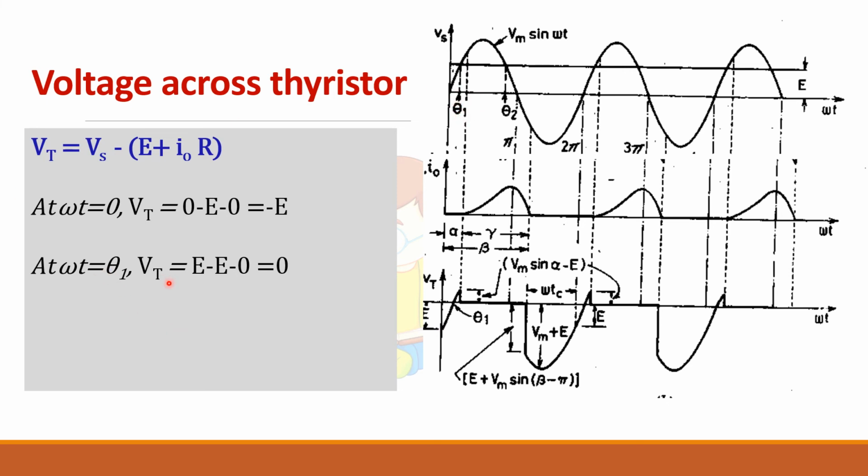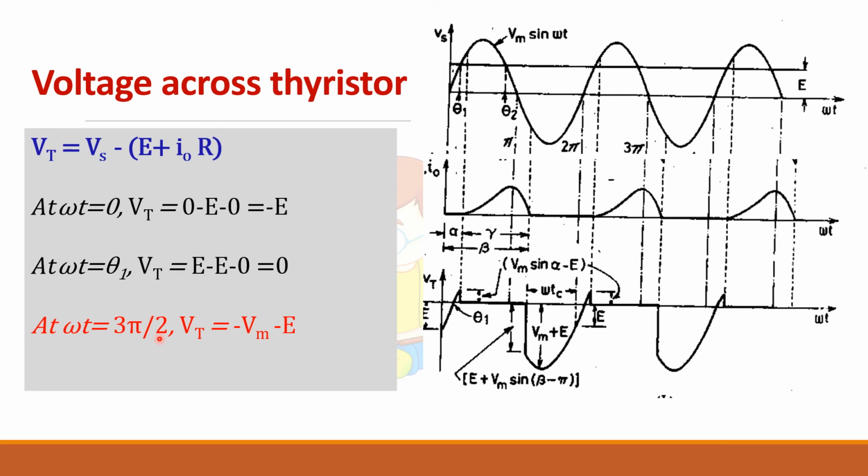At theta 1 supply voltage will be equal to E. So E minus E, and I0 is again 0. So Vt is equal to 0 at theta 1.